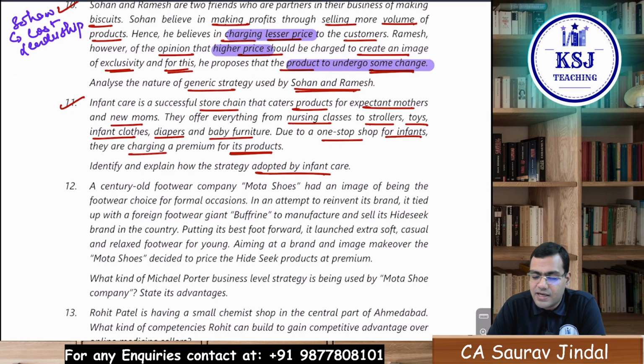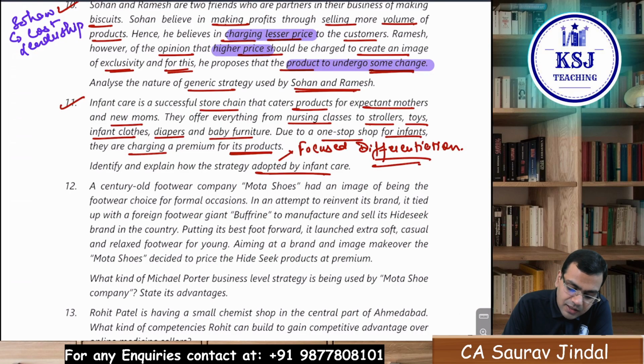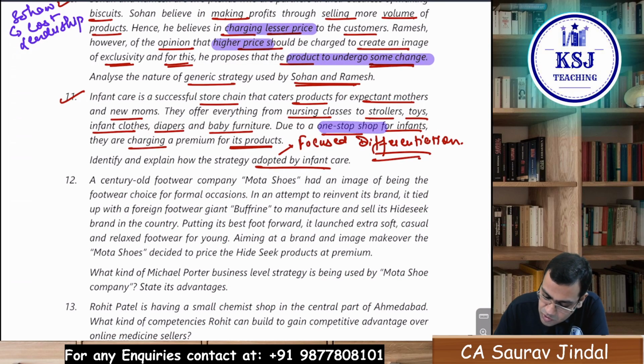Now, if you look at the answer, it says differentiation, but I will say here, they are following a focused differentiation. Why, sir? See, they are targeting one segment. It is clearly mentioned here, one-stop solution for infants. That means they are following just one focused segment that is related to infants.